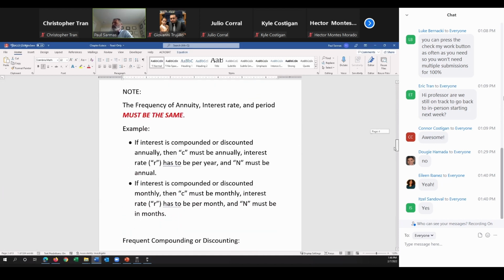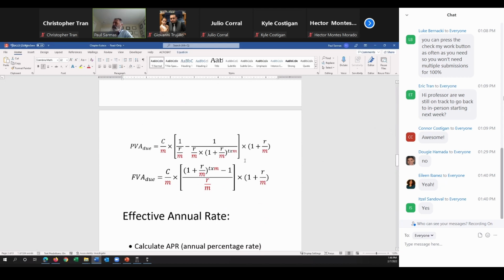I'm using annuity due because it's a longer formula. So it is C divided by M, R divided by M, T times M. Wherever you see C, you divide it by M. Wherever you see R, you divide that by M. Doesn't matter where it is. And then you multiply T by M.